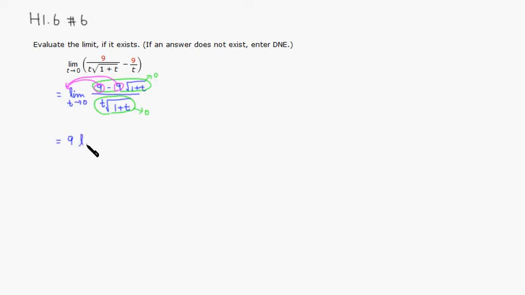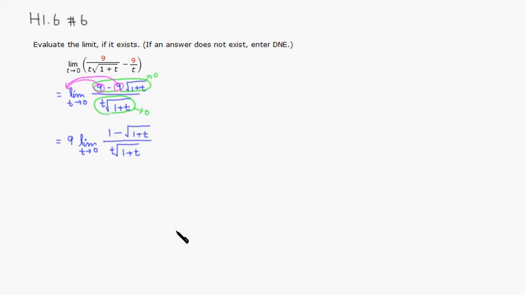So you have a limit as t approaches 0. Then you have t times square root of 1 plus t, then you have 1 minus square root of 1 plus t.